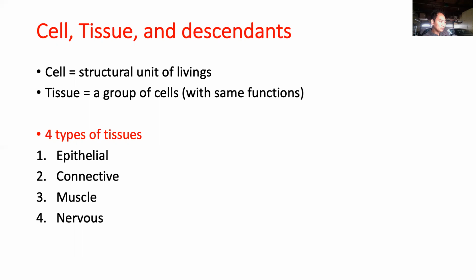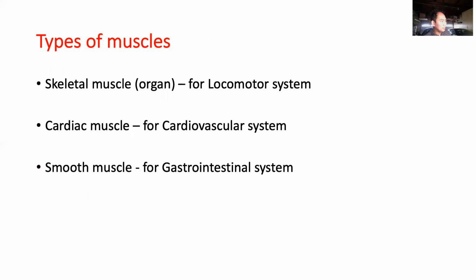For muscle, there are 3 types: skeletal muscle, cardiac muscle, and smooth muscle. We are just going to talk about skeletal muscle, which is an organ.